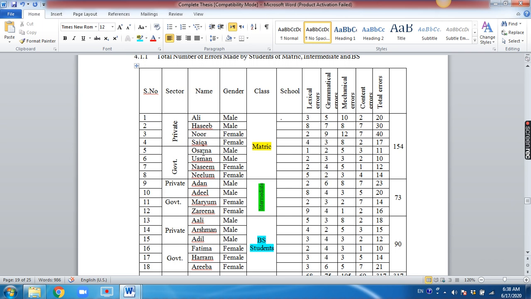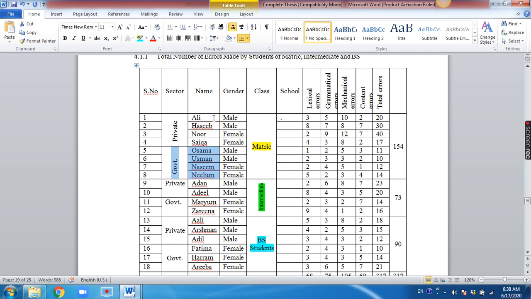As you can see here, this column shows sector, that is private, government, and this shows matric, the class level. So matric students, as can be seen here, they were 8 in number. You were asked to give some writing task, that is an essay, to matric students, and 4 students from private sector and 4 students from government sector.